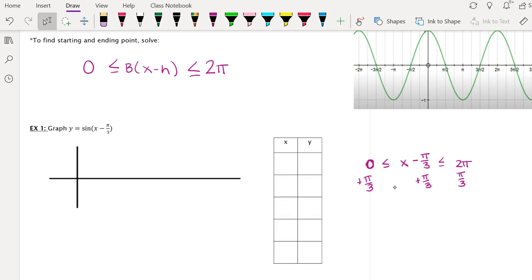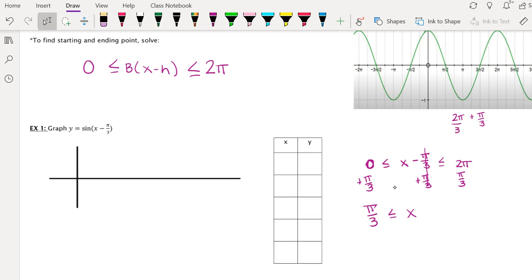So now this new start becomes pi over 3, and then I have an x value because that eliminates, and then I'm taking 2 pi plus pi over 3. For adding fractions, we need a common denominator.